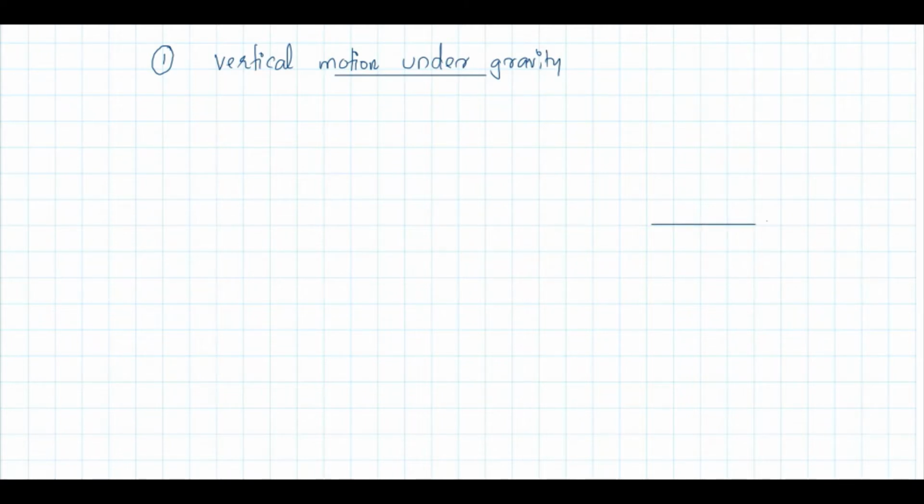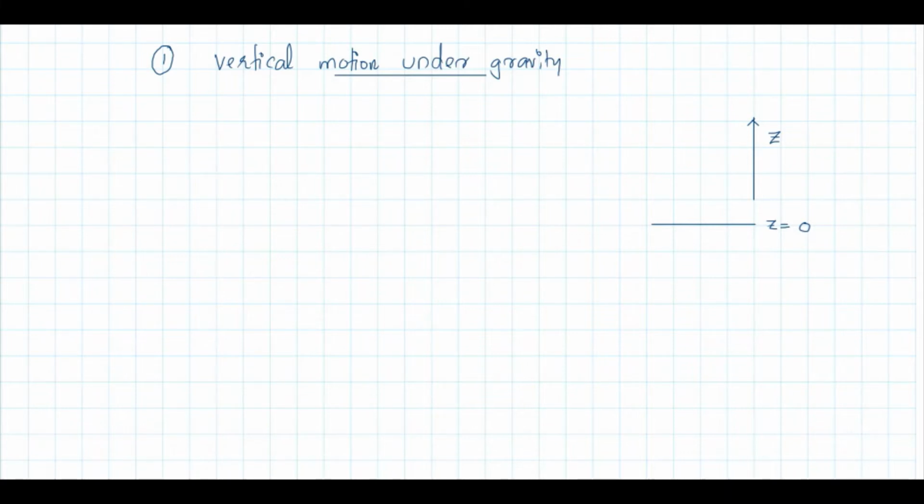Suppose this is a reference height, let it be z equal to 0, and this vertical upward direction I will consider as the z axis. This is the positive z direction.